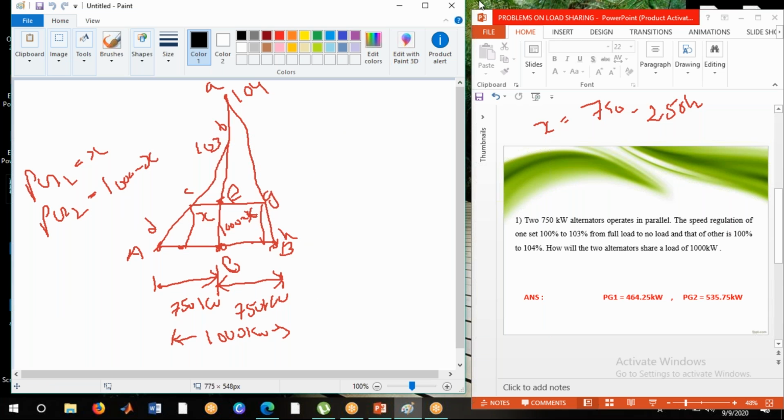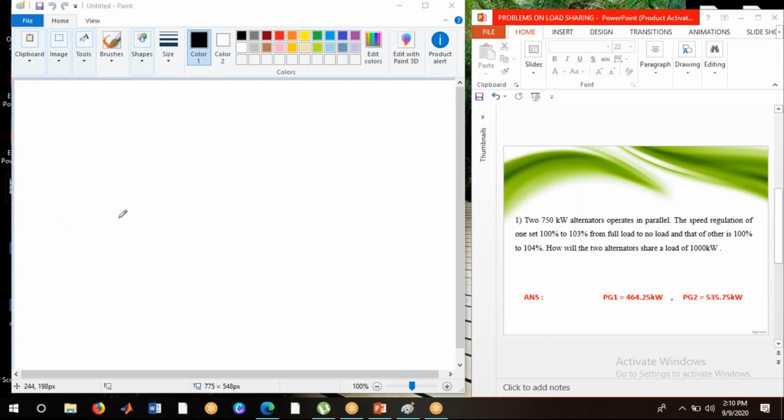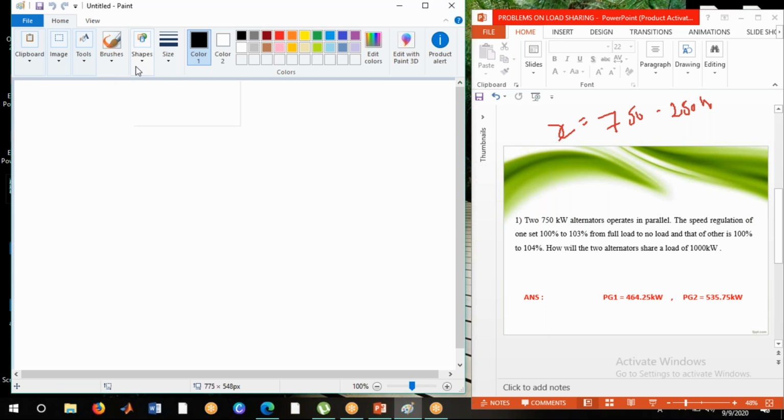Now we have to derive the other one. We found the value of X, that is X equals 750 minus 250H. I will draw the diagram neatly.